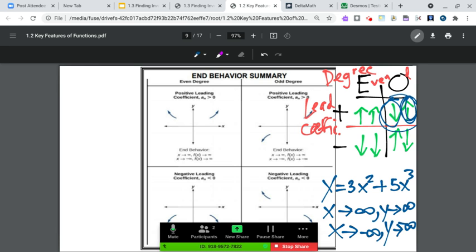Okay, does that make sense? Are you okay with end behavior? Now, if you don't want to remember that chart, or you're kind of on the fence about the chart, remember, you can always type the function into Desmos and look at the end behaviors.